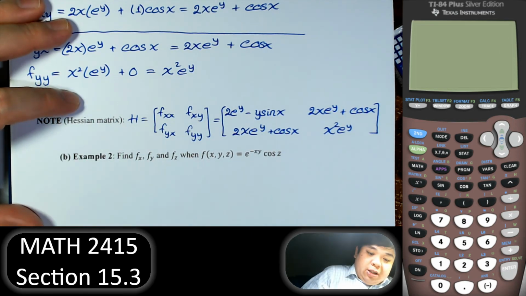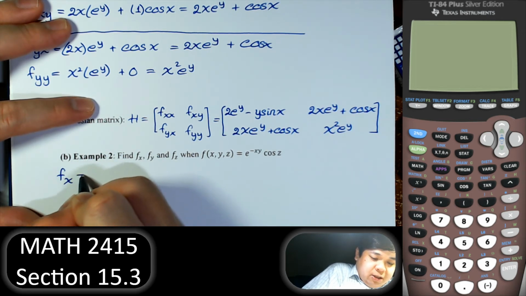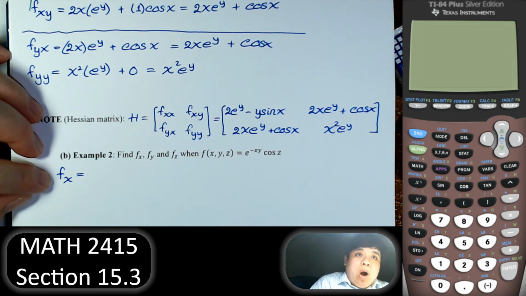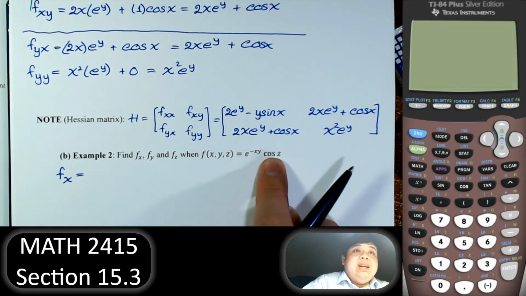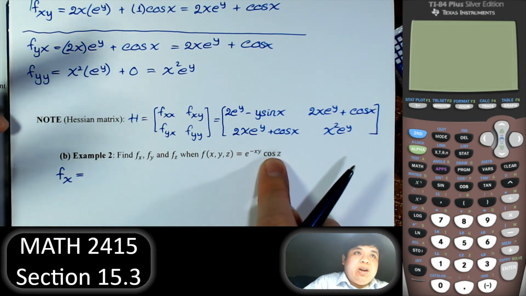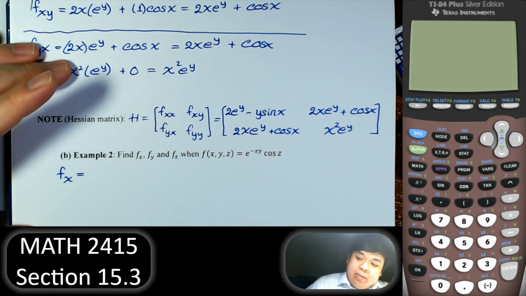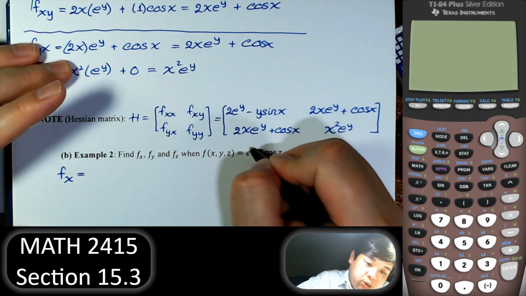So first, I take derivative with respect to x. Look at this. That function, x only shows up at one place, so no need to use product rule. If we have cosine of xz, different story. That is definitely product rule. But this is just z, so there is no product rule here. The x shows up on the exponent though, so this is a chain rule.